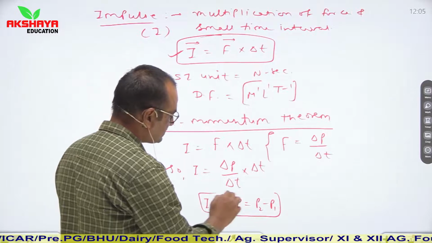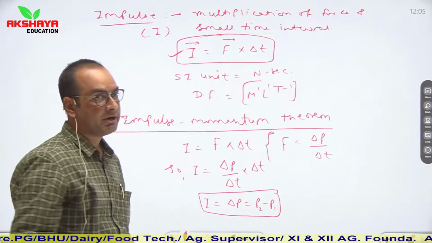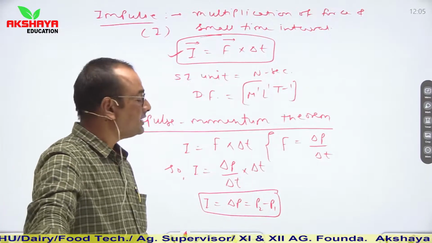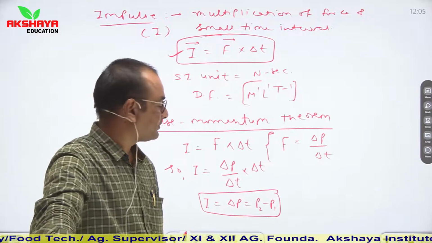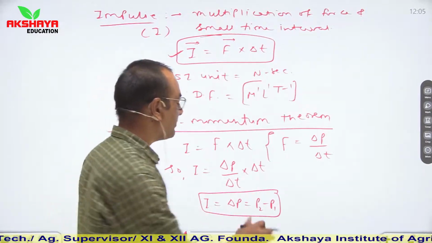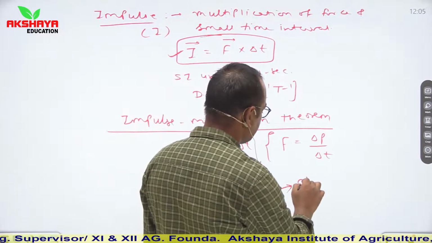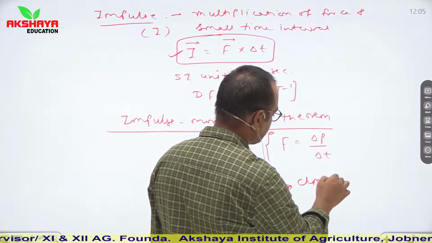So it is clear from the impulse momentum theorem that impulse is equal to change in momentum. This del P is known as the change in momentum.